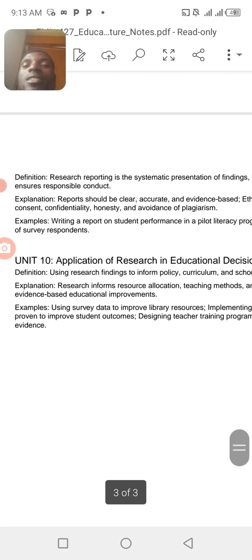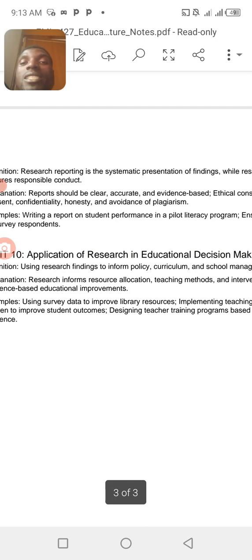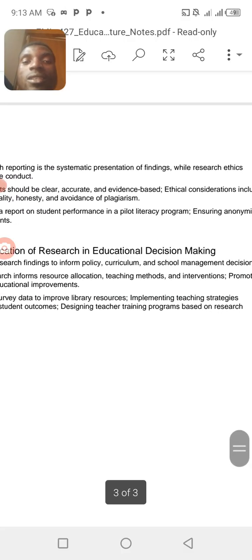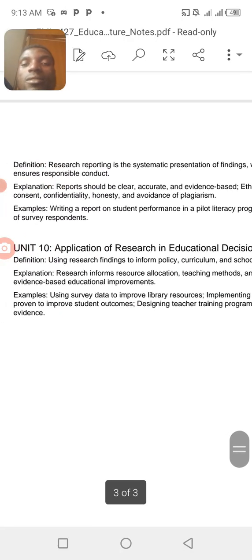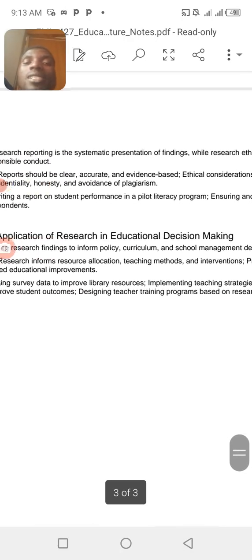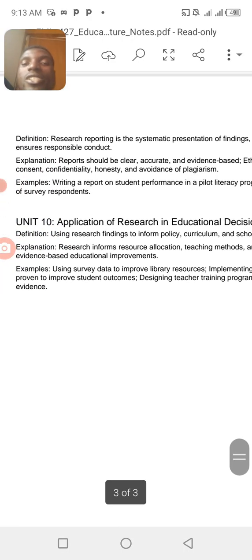Now, research reporting has to do with the systematic presentation of findings. So, when a presentation of findings is done in a systematic way, we call that research reporting. Why research ethics? It ensures responsible conduct.